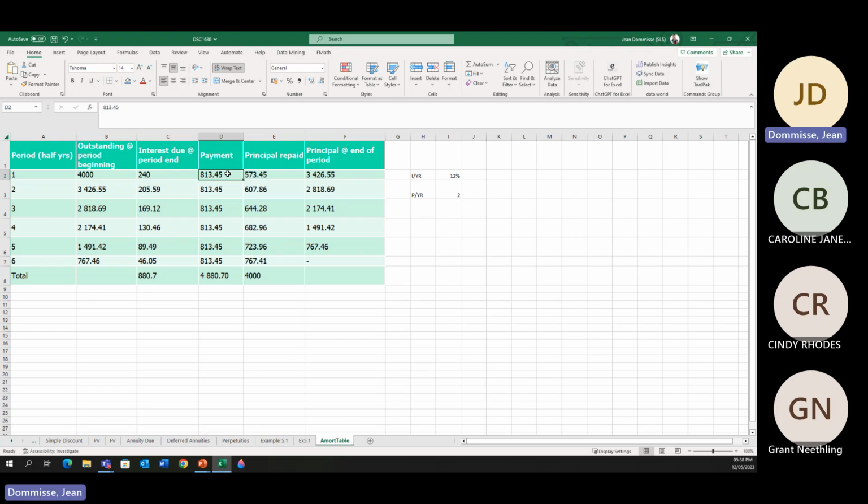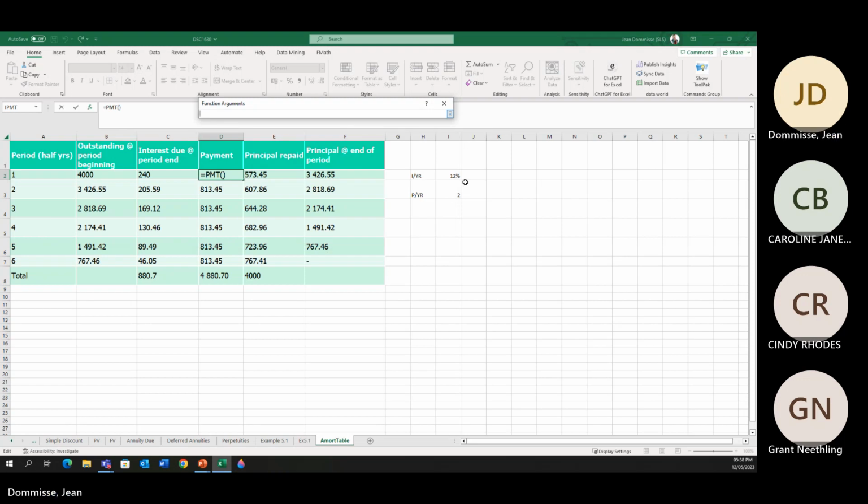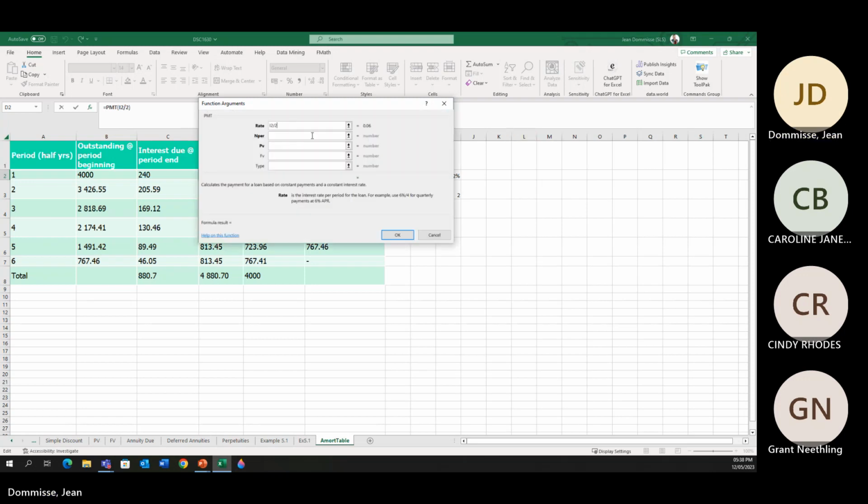The payment that you're making, we can again use our PMT function for that. The rate was divided by 2 because it was twice a year.